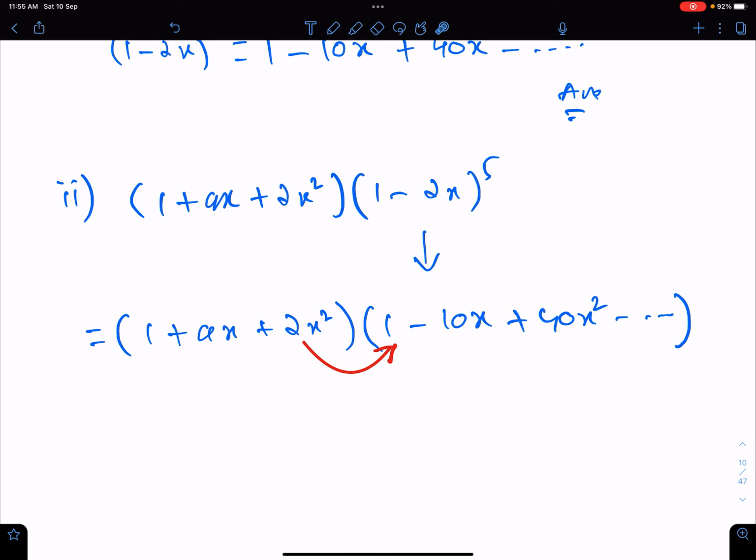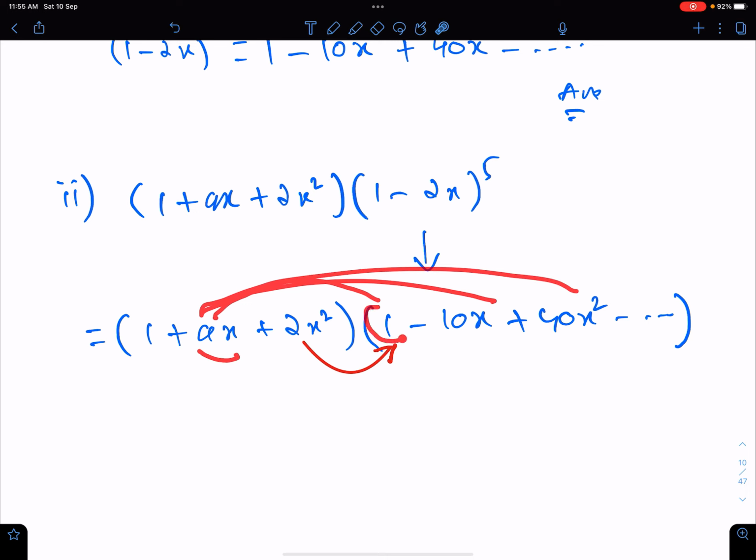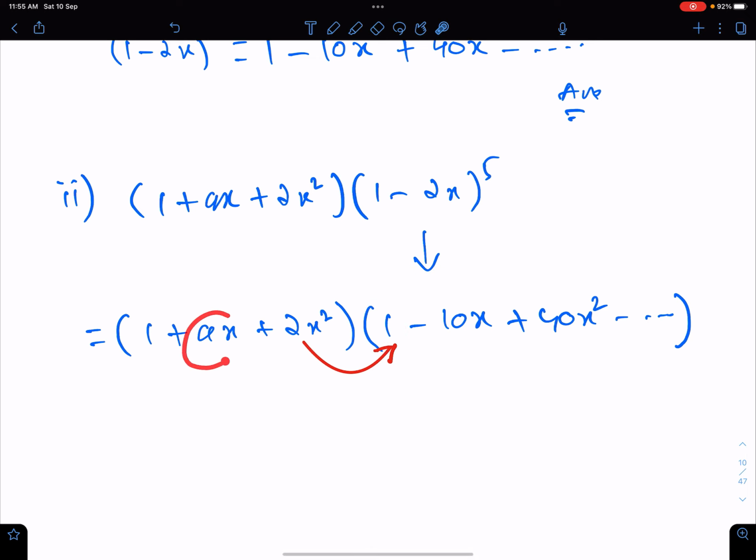Now you have to decide to which term you should multiply ax. Well, when you multiply ax with this, you will get x, which is not required. When you multiply ax with this, you will get x cube, which is not required. So you should multiply ax with this term to get the term in x square.